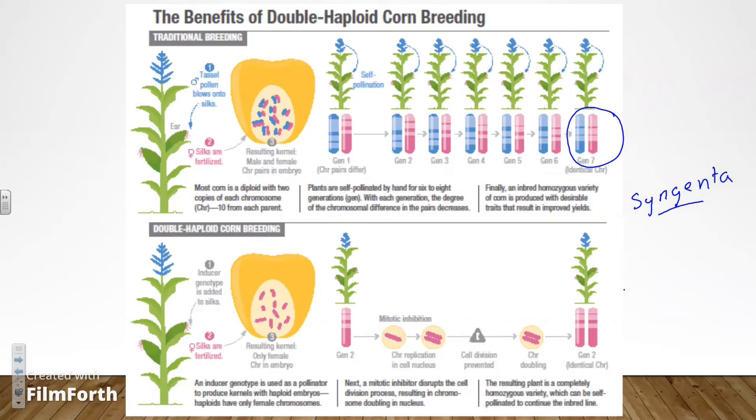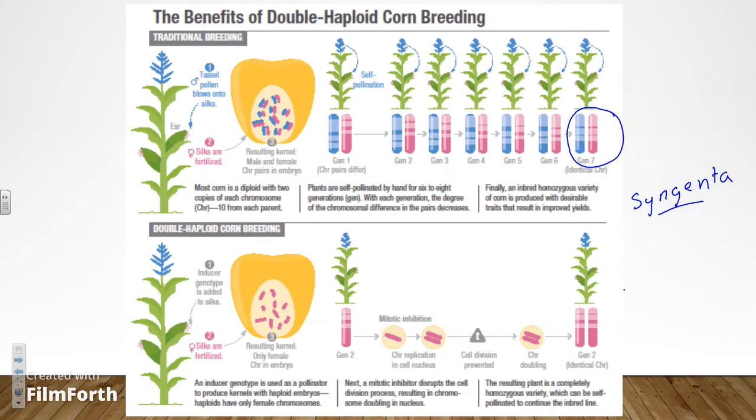Whereas here they go from F1 segregation to an inbred line in 2 generations. So it saves significant amounts of time.